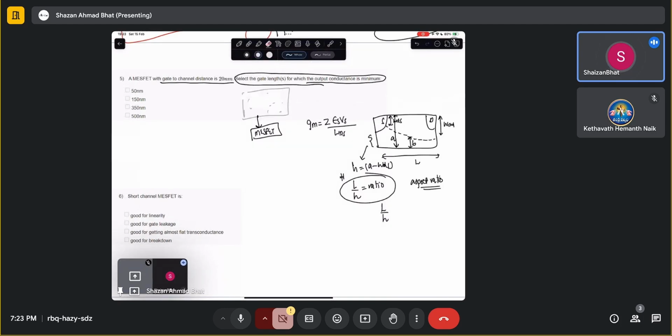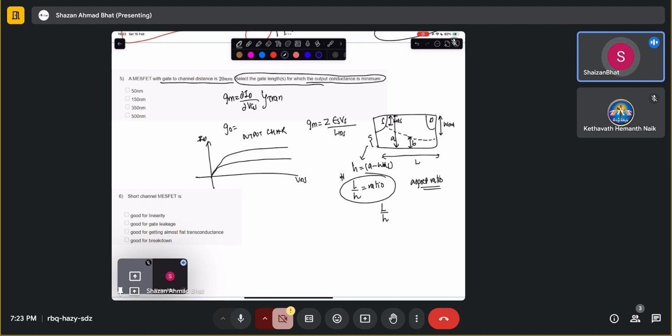Sorry for this. This is transconductance: dou ID divided by dou VGS. The output conductance is simply, if you have ID versus VDS, the output characteristic. If you have the output characteristic like this, it increases, then it saturates.